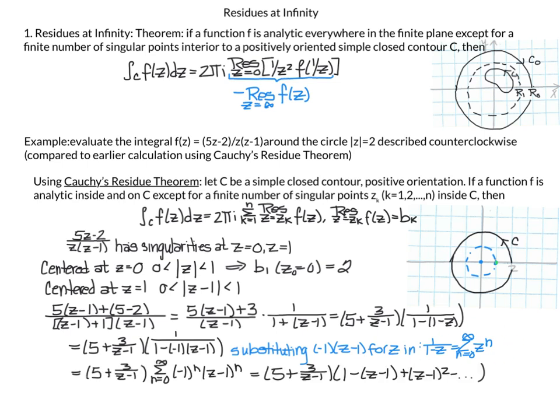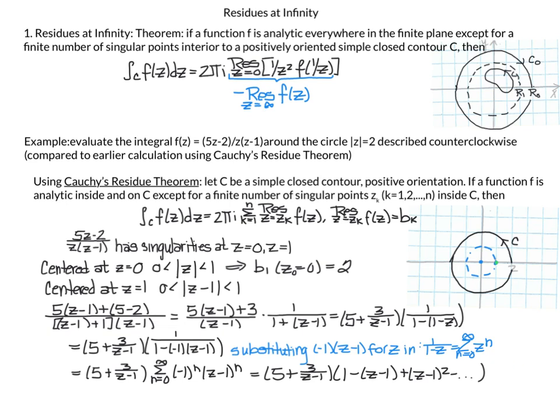And now I can substitute my minus 1, z minus 1 for z in my summation formula. And what I get then is my 5 plus 3 over z minus 1 summation negative 1 to the n, and then my z minus 1 to the n. When n is equal to 0, I have 1 times 1, which is 1. When n is equal to 1, I'm going to get a negative z minus 1. When n is equal to 2, I get a positive, and then z minus 1 squared. When n is equal to 3, I get a negative, then z minus 1 to the cube, and we continue.